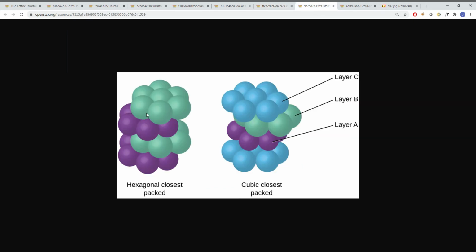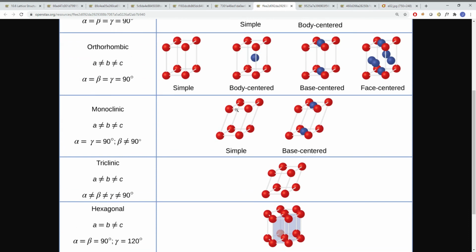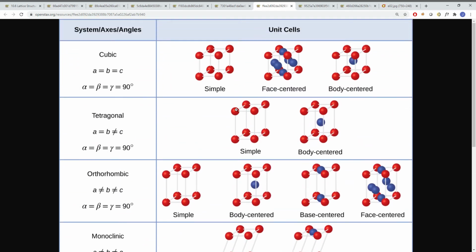So it depends on how attracted to each other these atoms are. It also depends on the size, how well they fit together. There's a lot of variables that go into it. So there's no need in this class to be predicting what type of unit cell something is going to be.